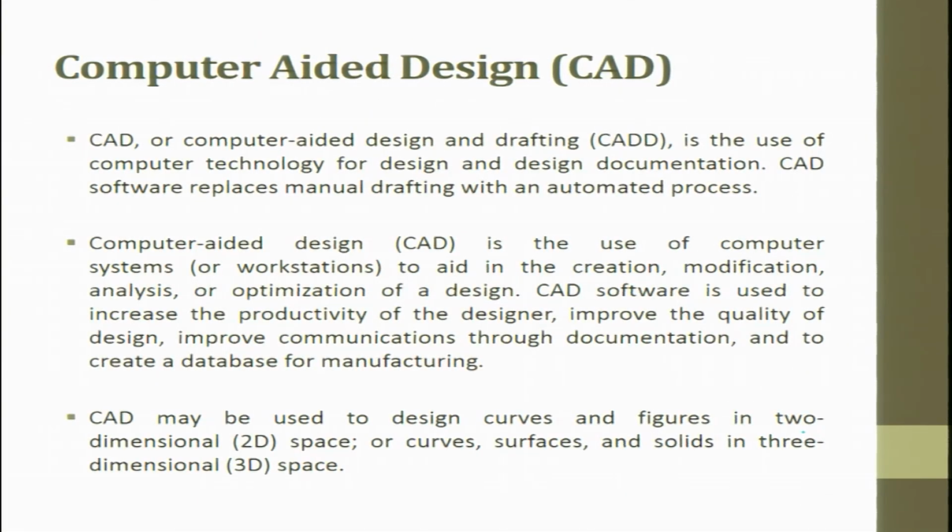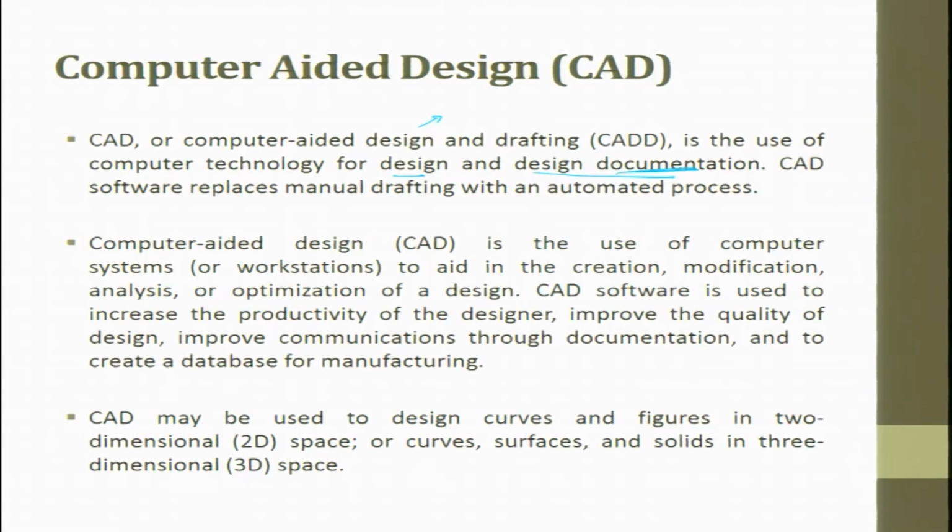When we talk about computer aided design and drafting, it is the use of computer technology for design and design documentation. The biggest advantage of design is design optimization, and on top of it documentation. CAD software replaces manual drafting with an automated process.